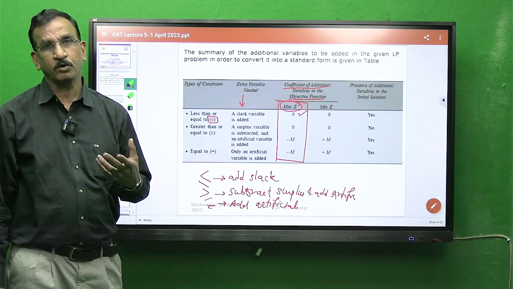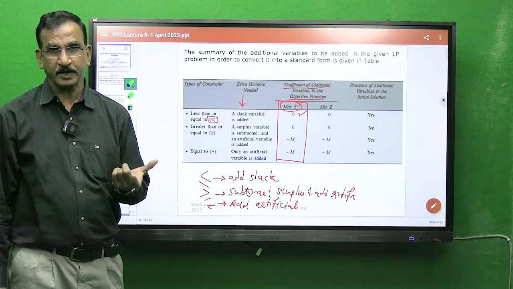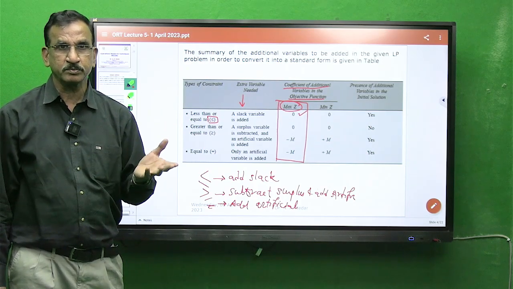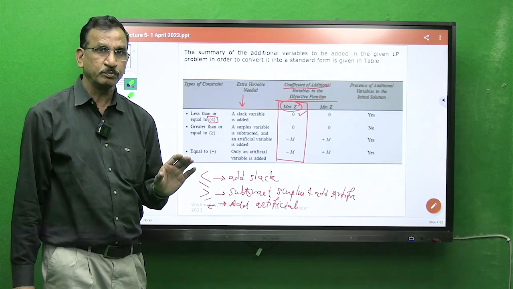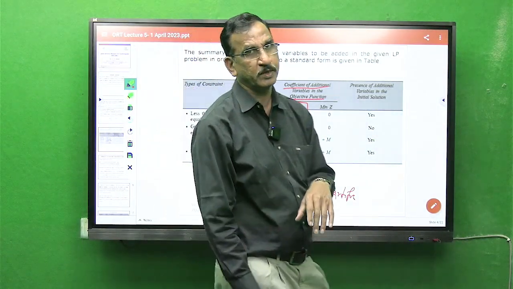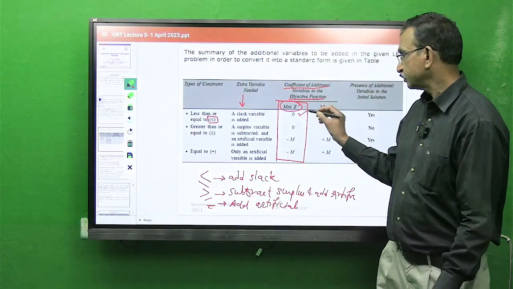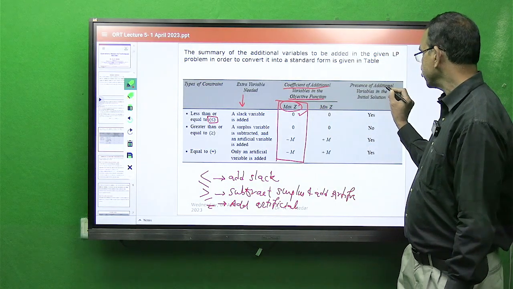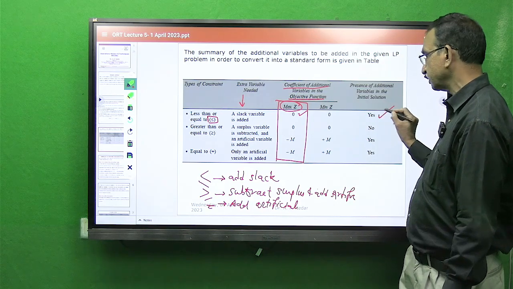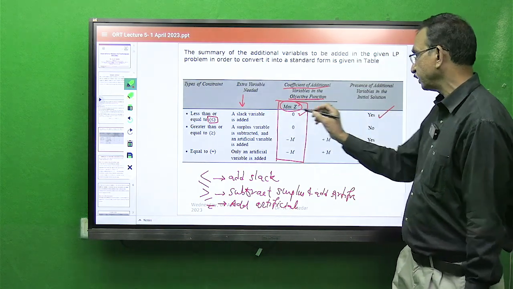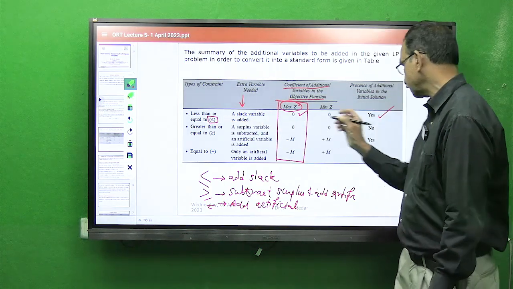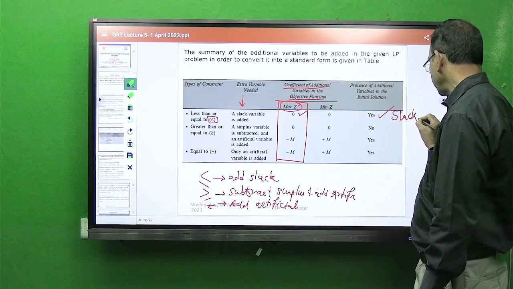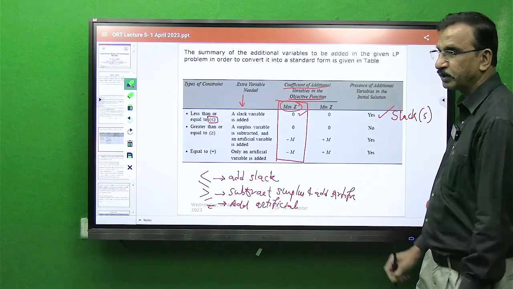When we are not producing any amount of slack variable, naturally there won't be any profit contribution from the slack variable, and therefore we put the coefficient of those variables in the objective function as 0. For minimize it is also 0, and the presence of an additional variable in the initial solution, yes. So the initial solution will be represented by the slack variable, which I will interpret as S.